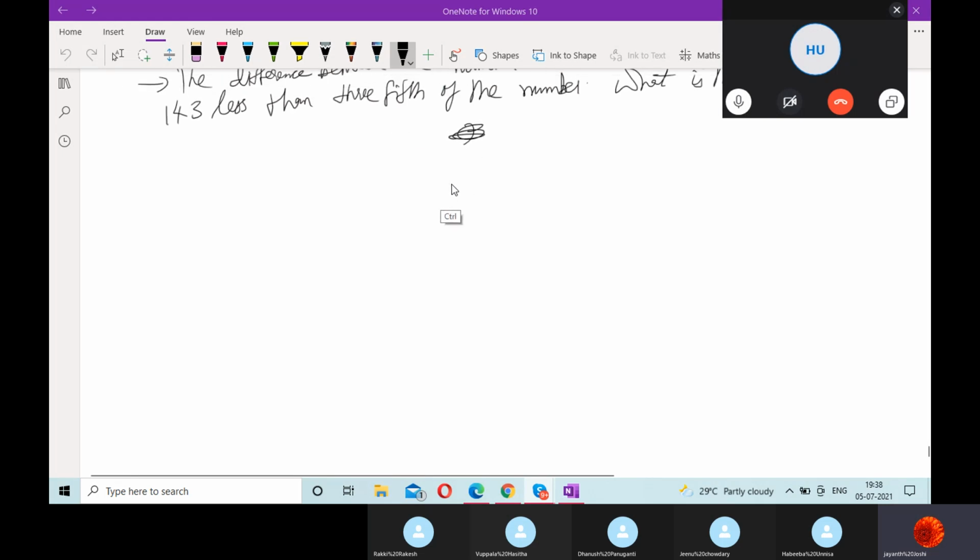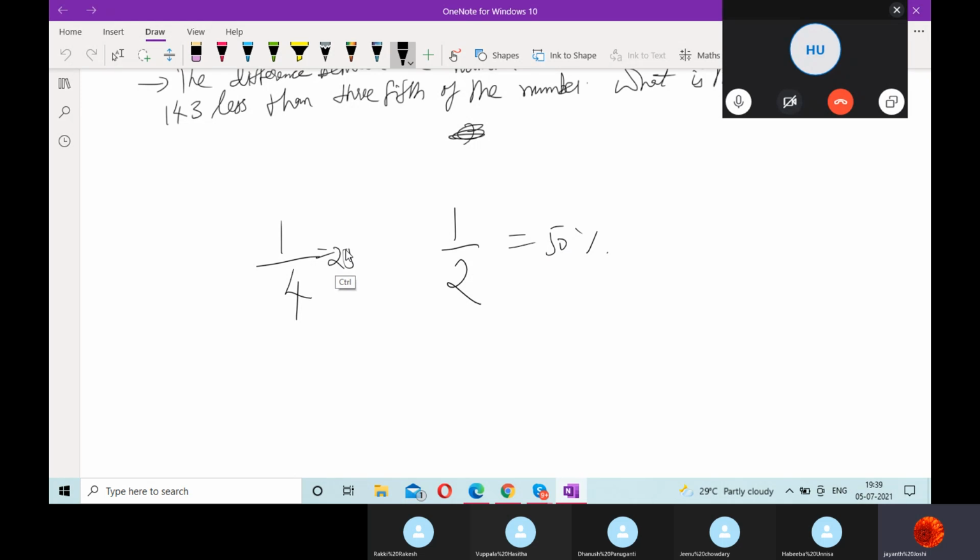See some small basics regarding the percentages. See 1 by 4 and 1 by 2. Which is a bigger percentage? Anyone? 1 by 2 is 50%, correct? 1 by 4 is 25%.